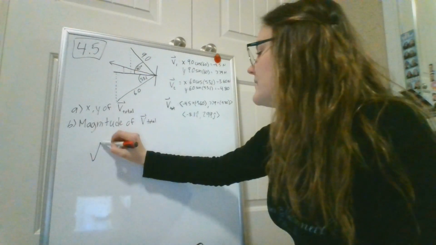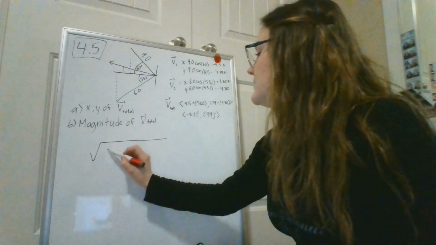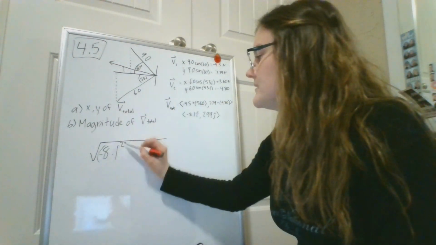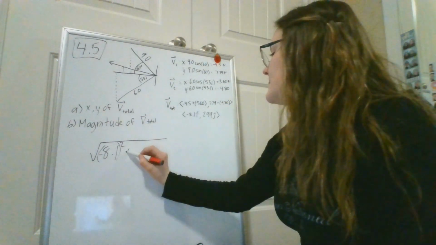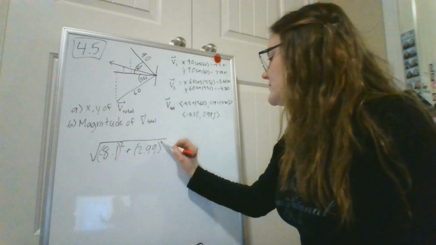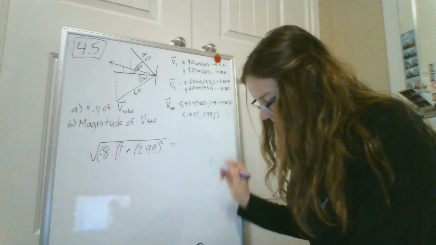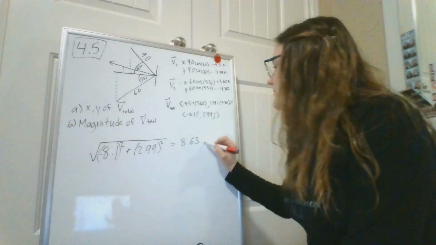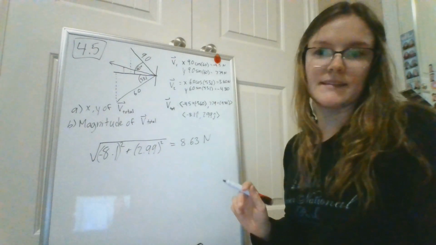So we're going to take the square root of our x squared, and it's negative, but that doesn't matter too much, plus the other one, 2.99 squared. And then when we solve that, we get 8.63 newtons is the magnitude of the last vector.